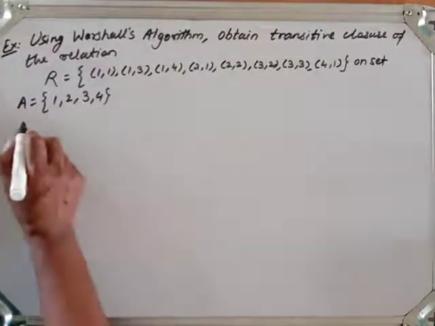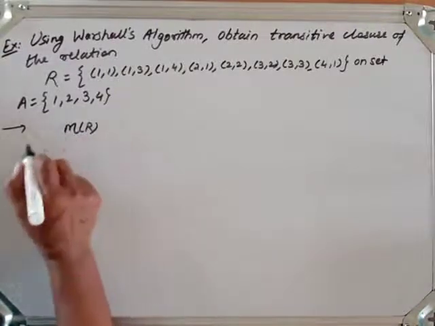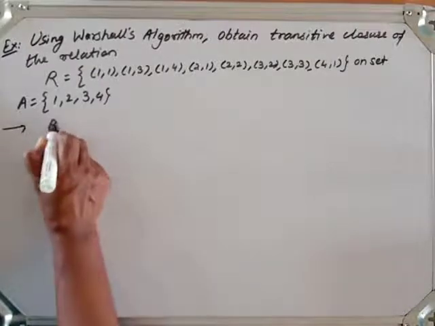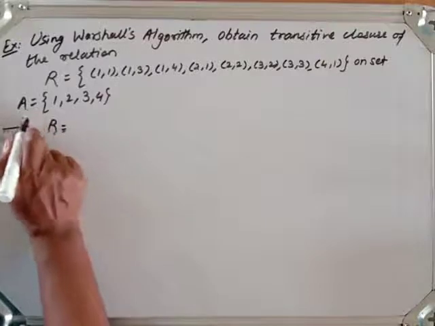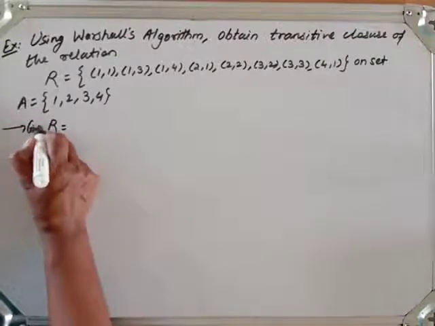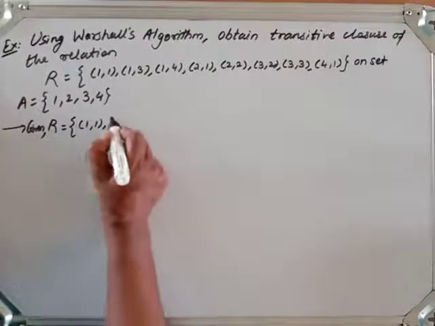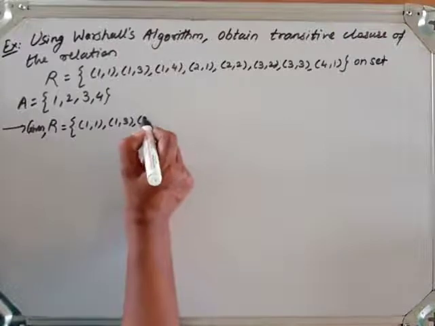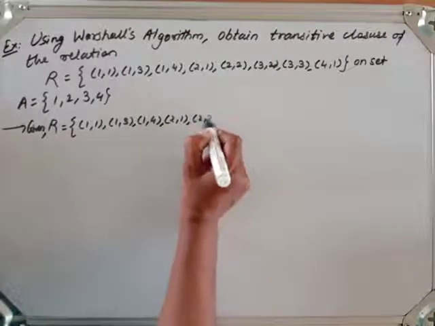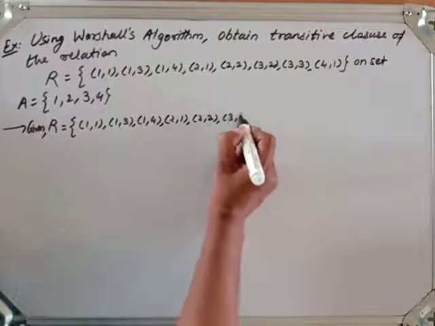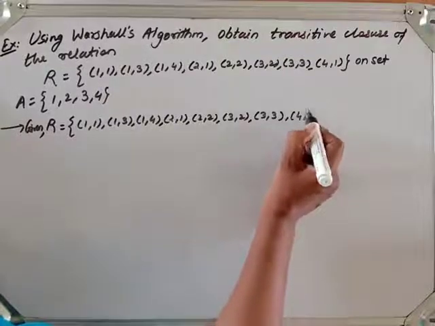Now the step 1 says that first of all we have to obtain, now let me write R first here. Given R is (1,1), (1,3), (1,4), (2,1), (2,2), (3,2), (3,3) and (4,1).